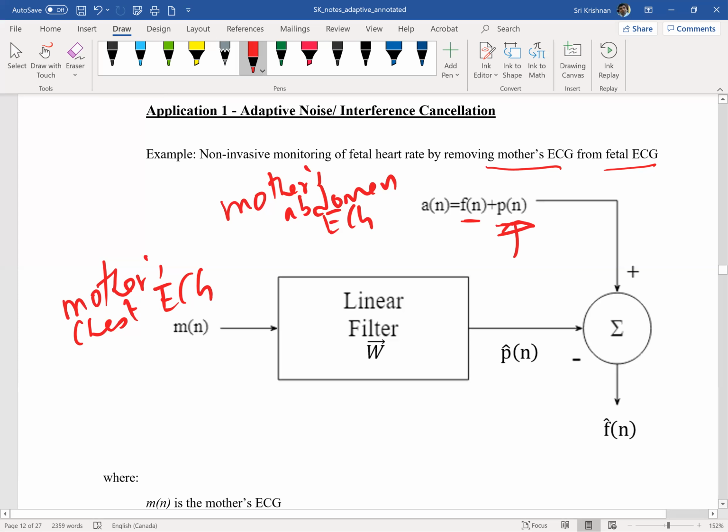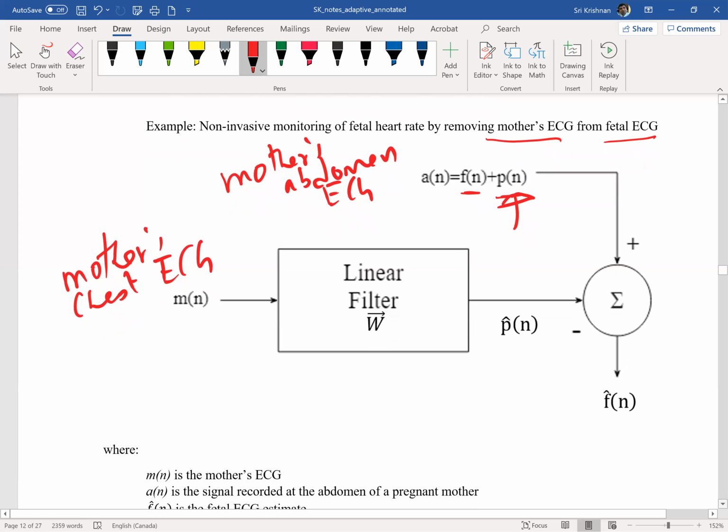With this configuration, it has become pretty easy to think about. The filter that we are trying to design is an adaptive filter. So the coefficients of the adaptive filter, W, are what we need to determine in a steady state, when the filter has converged or the optimization has reached its point of optimality.